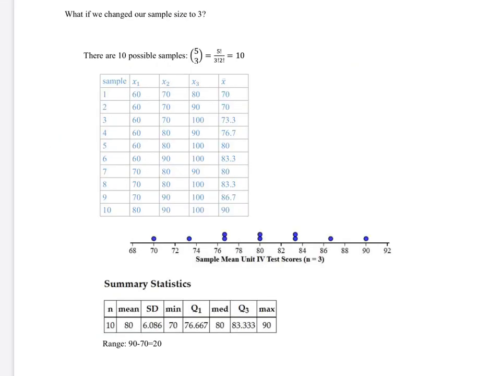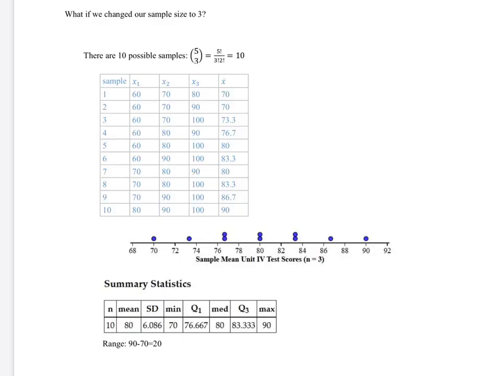Okay. Now, what if we changed our sample size to 3? Well, now there would still be 10 samples. This is just because of how 5 choose 2 versus 5 choose 3 checks out. There's still 10, but I would end up with these: 60, 70, 80; 60, 70, 90; 60, 70, 100; etc. There's 10 combinations of choosing 3 out of a population of 5.